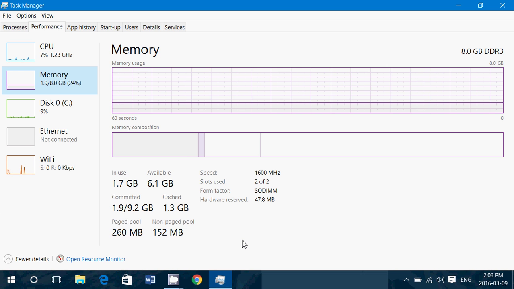Don't use any third-party software that lowers the number of gigs used in RAM. It's actually counterproductive. It will slow down your computer, not make it faster. There's this very big myth going around that too much RAM used is no good. No, too much RAM used is correct, and especially in Windows 10.